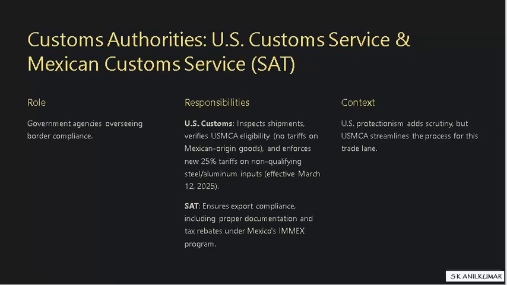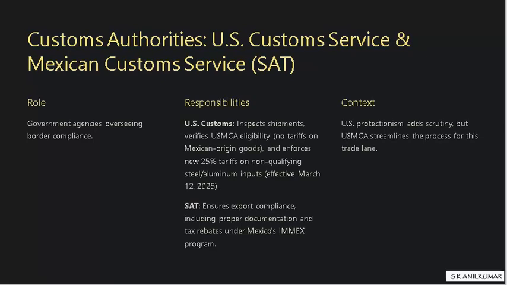They will verify whether it is eligible for USMCA preferential treatment, that is no tariff on Mexican goods, or whether these goods, though coming from Mexico, are not eligible. That decision US Customs will take. They will enforce a 25% tariff on non-qualifying steel or aluminium inputs. That is a new tariff that the government had announced against non-preferential treatment countries.